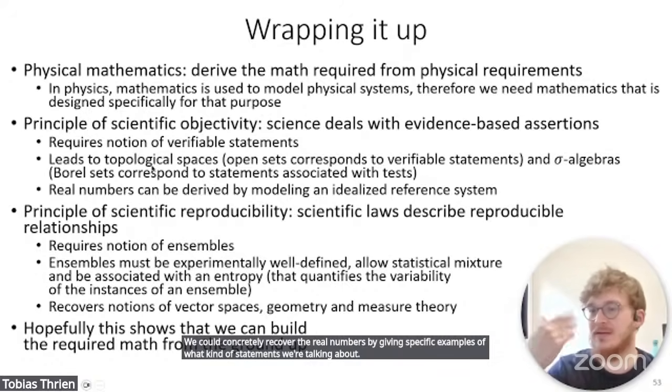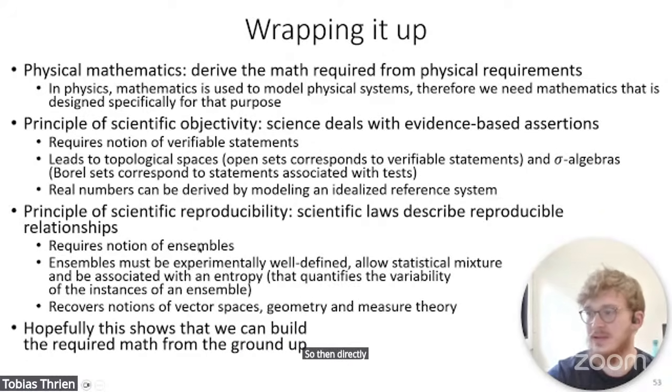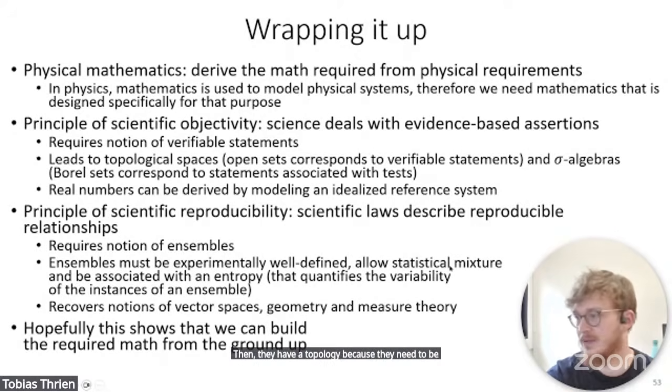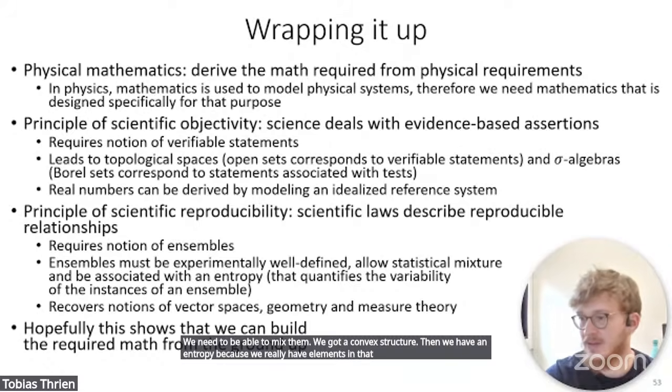Then we introduced the principle of scientific reproducibility. So that directly led us to ensembles. Then they have a topology because they need to be experimentally well defined. We need to be able to mix them, so we got a convex structure. Then we have an entropy because we really have elements in that collection of an ensemble.